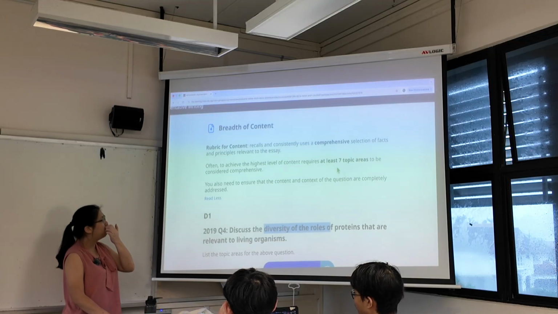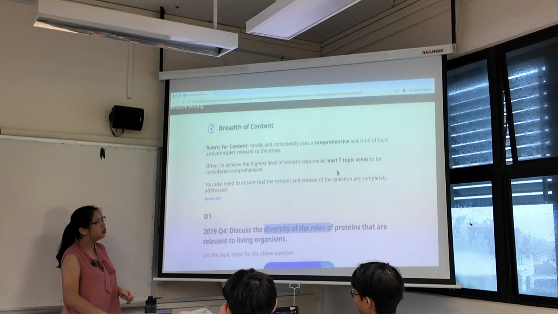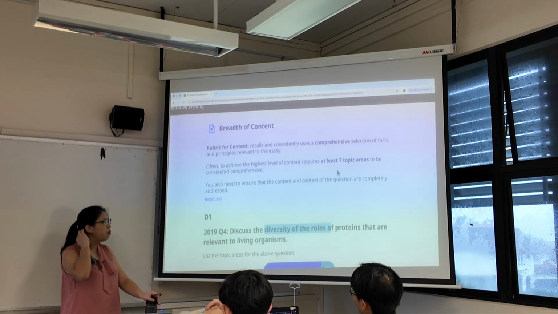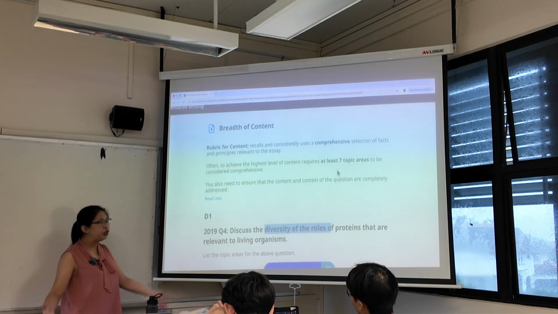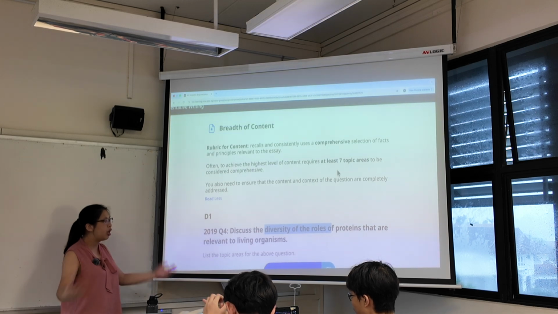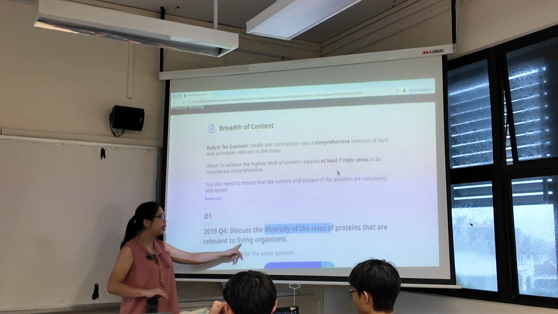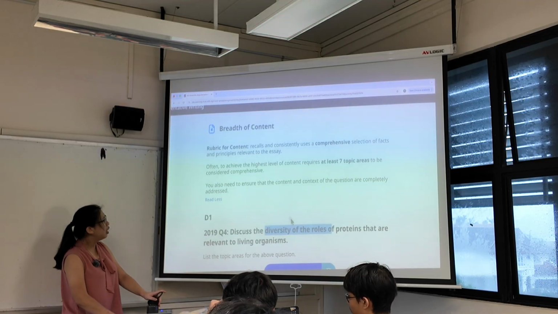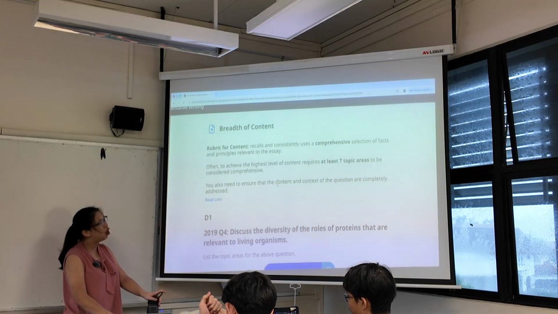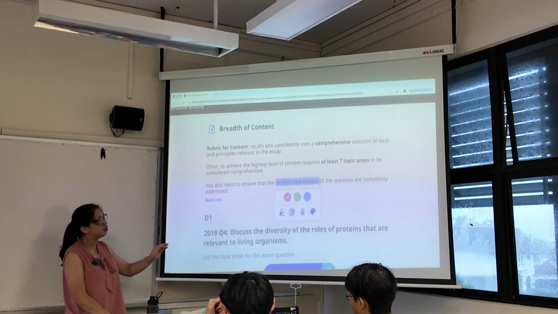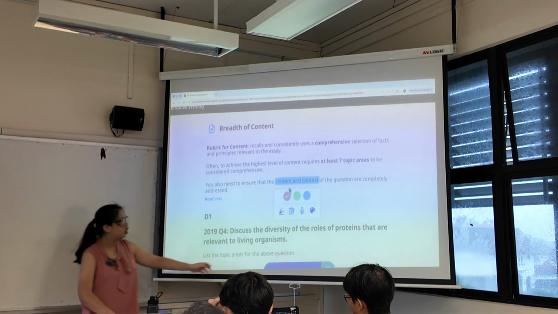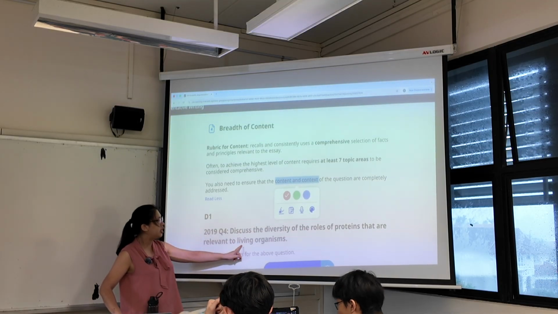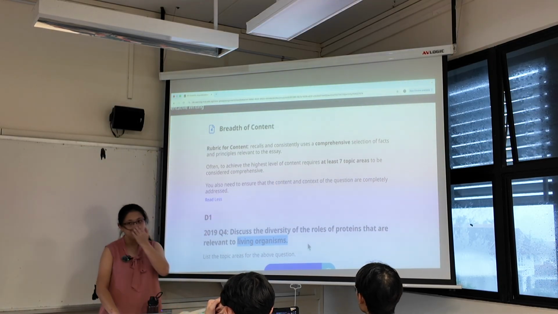Don't just list down all the roles, but make sure that you cover sufficient breadth in terms of different areas and in terms of the contextual living organisms. So you must have different living organisms. That's the last point here: the content and context must be addressed completely. Content being the roles of proteins, and the context, in this case, the living organisms.